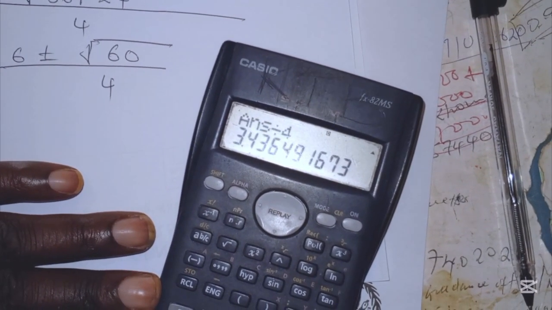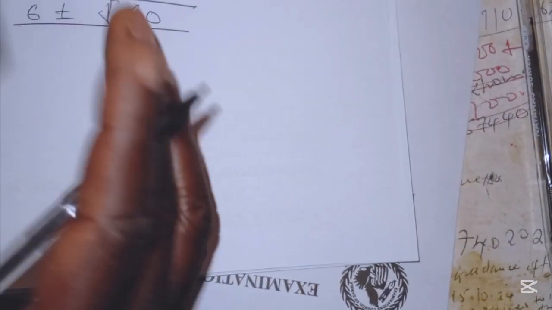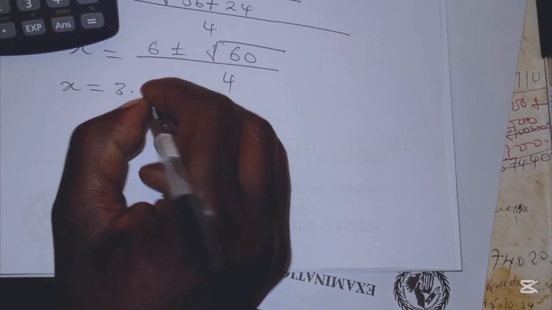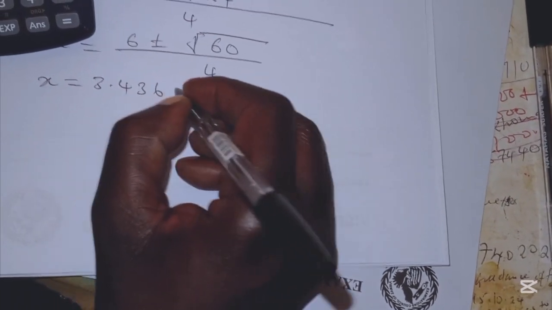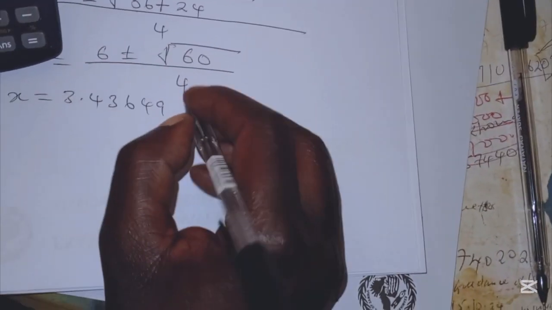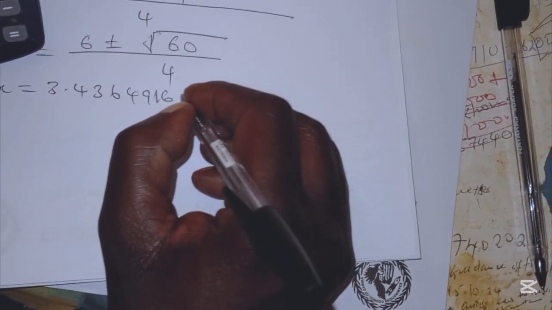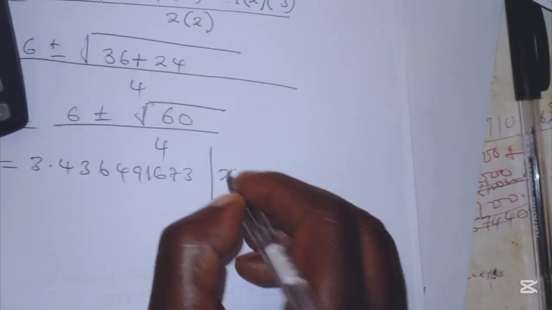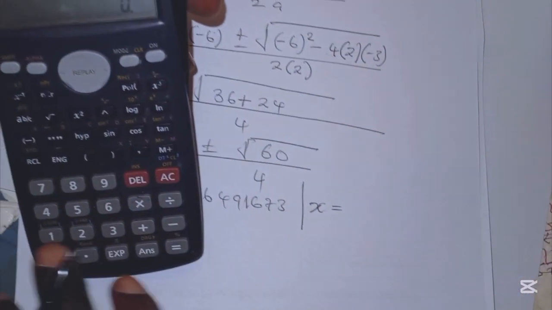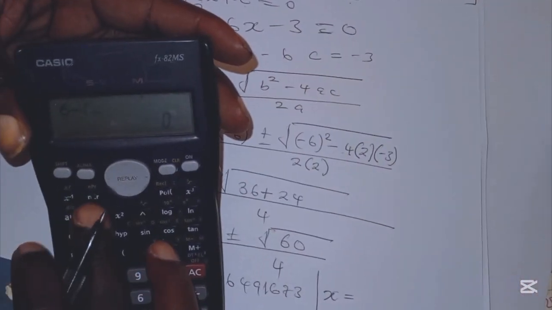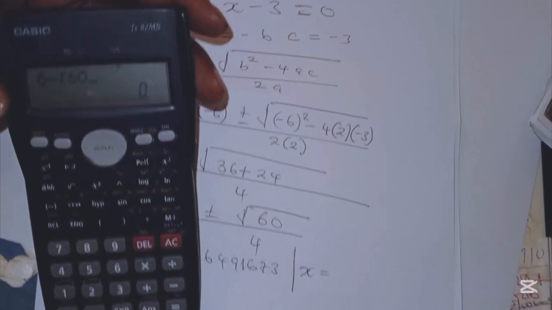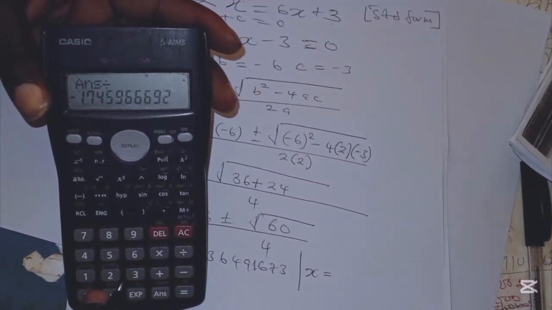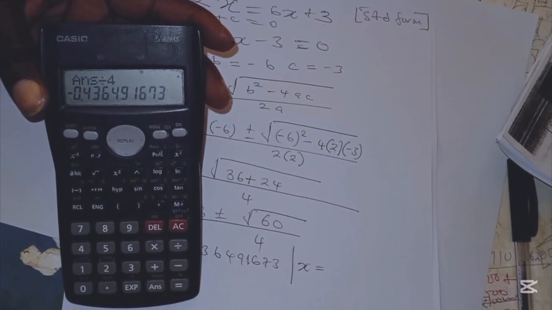So the first x value is 3.4649... The other value of x, you start with the 6. Say 6 minus the square root of 60, then divide by 4. Then you will get this one.